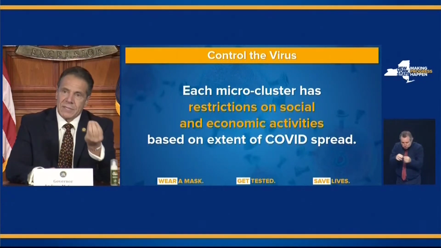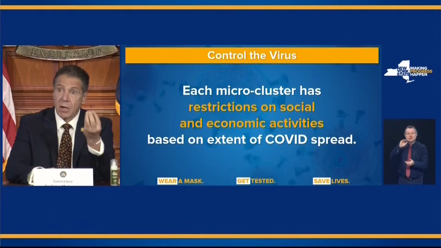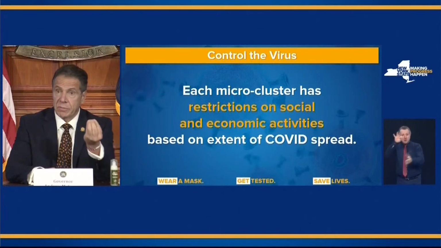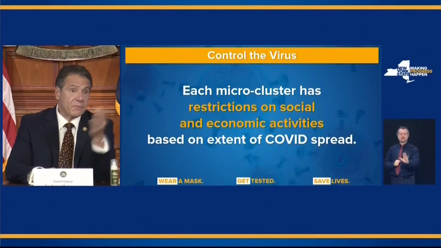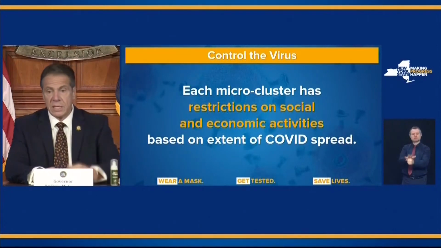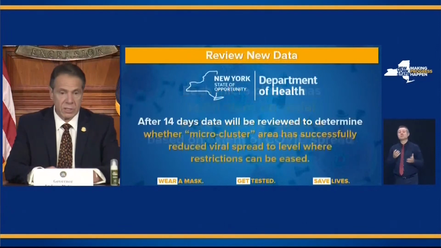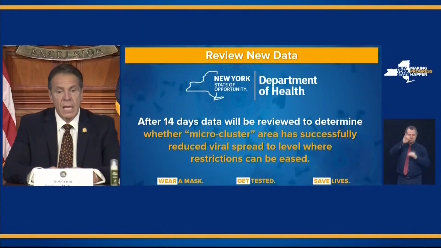We now have the data that takes it to such a small level, we say we're going to reduce activity, but only in that small area. So we reduce disruption. It's only in your neighborhood. It's not 5 miles one way, and it's not 5 miles the other way. It's only in your area, which allows the economy to continue to run with less disruption.